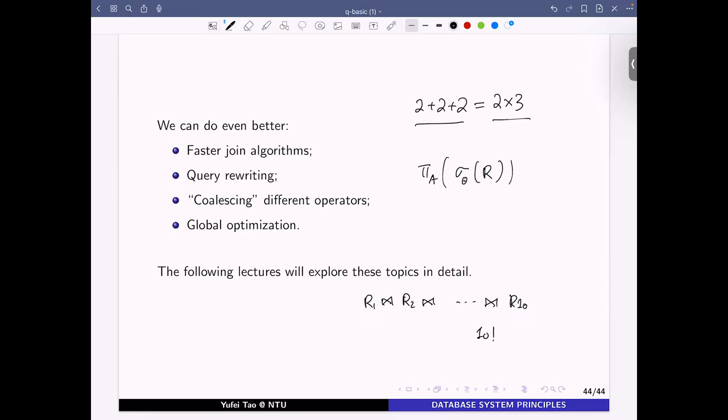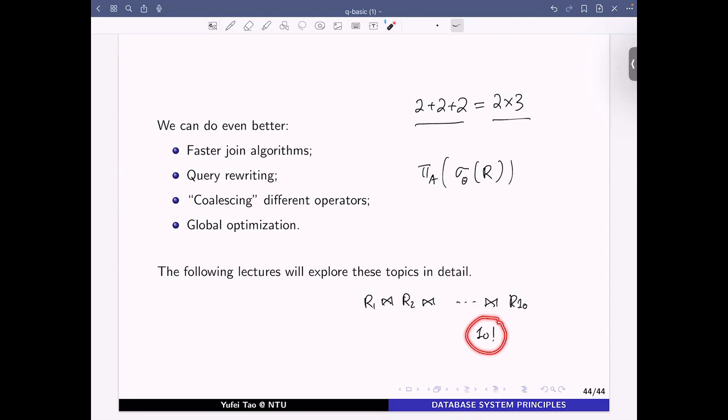Interestingly, not all these orders will have the same cost. Some orders could be much, much more efficient than others. So how would you be able to find the best order? This is relevant to query rewriting, because you can as well say you have 10 factorial relational algebra expressions.